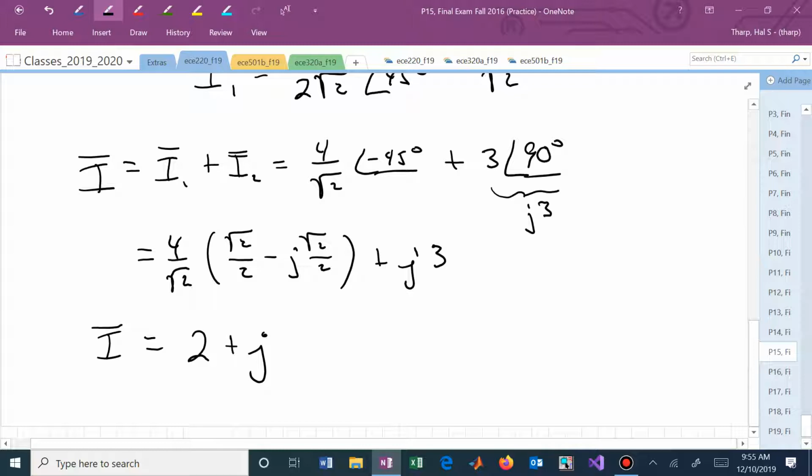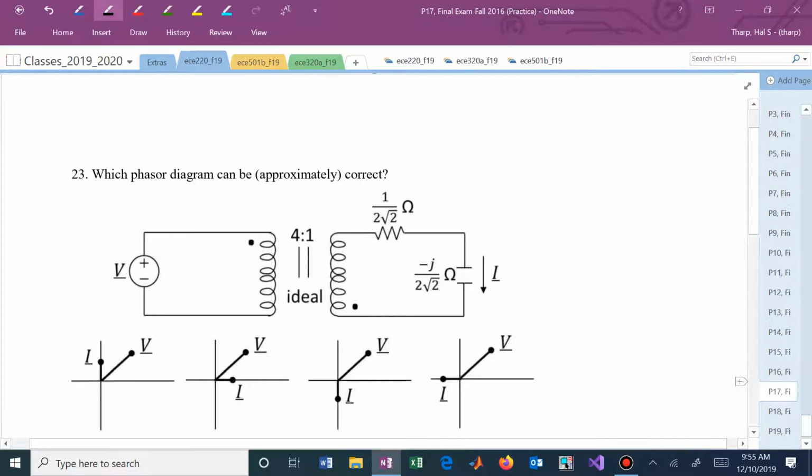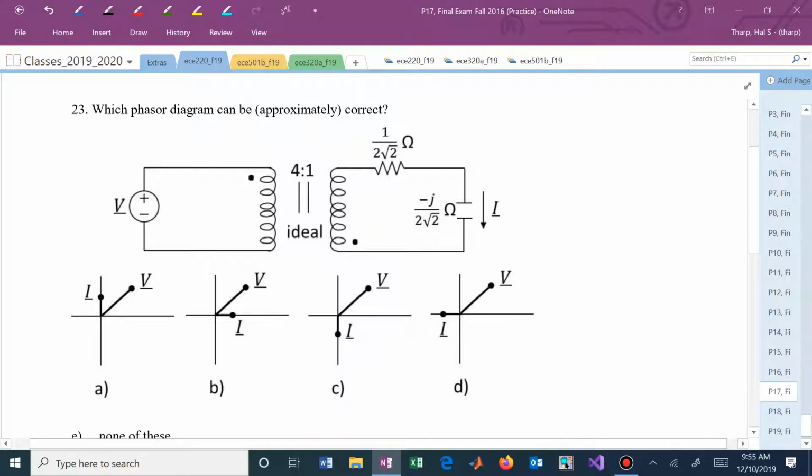Questions on that? Let's step a couple of questions beyond that one. Let's go to question 23. And this one now is trying to relate phasors from some circuit.